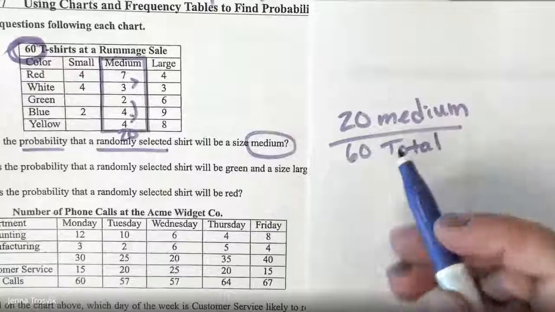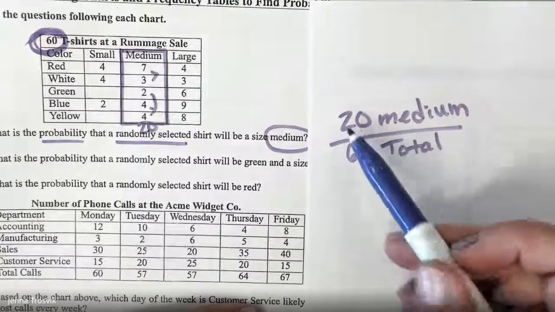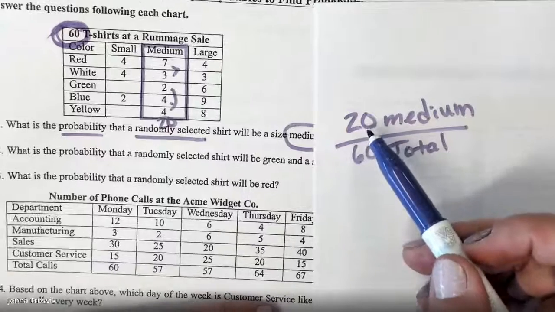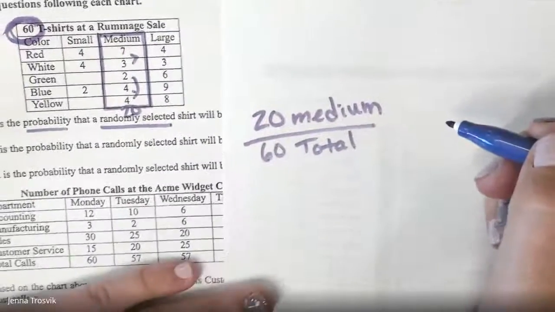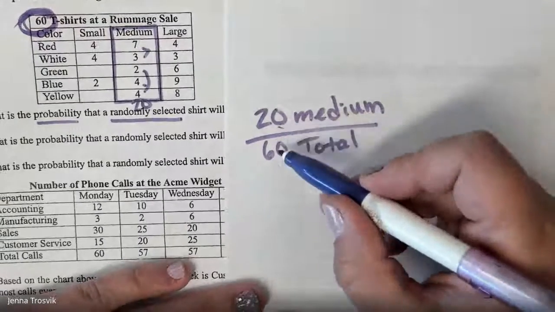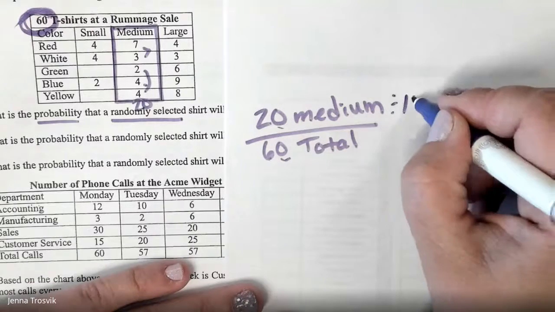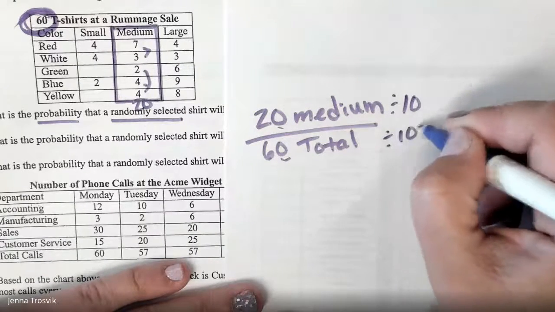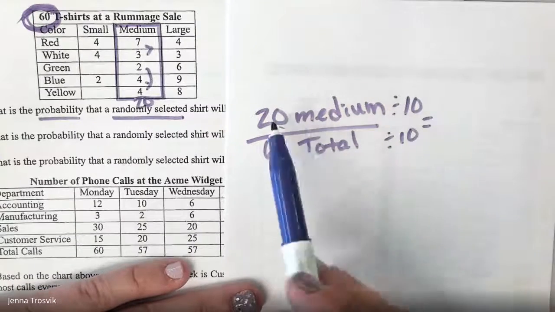Now, you guys know that this is just a fraction set or a ratio, and we need to simplify it. So what is the true probability? If we are simplifying this, we would simply just divide both by what we can. Our biggest number, the 0, is our clue. So which means we can divide both by 10 at the least, or at the most so far, the easiest way, I should say.